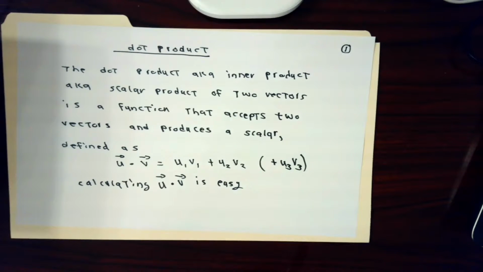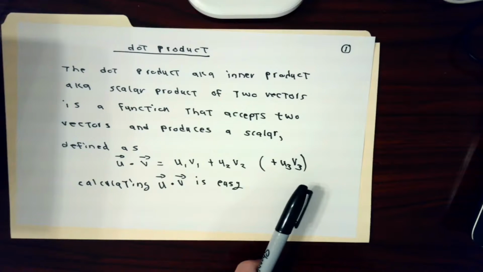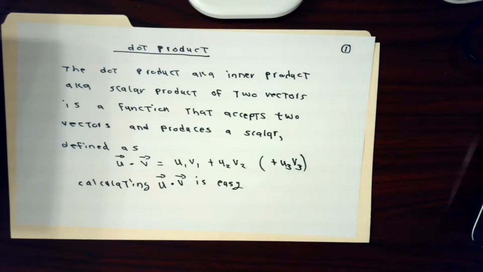If I'm working in three-dimensional space, I'll have one extra term. It'll be plus u3 v3. So calculating this thing, this inner product, is easy if you just want to get the number that it represents. What this is supposed to mean to us, though, is a different story.